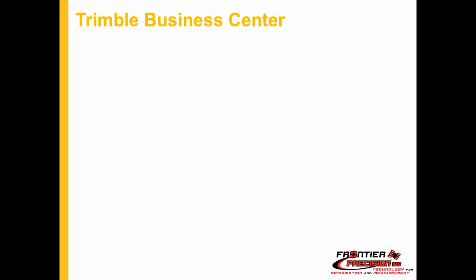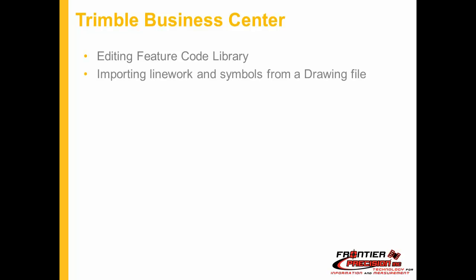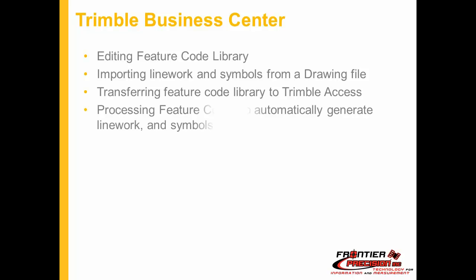In Trimble Business Center, we will edit the feature code library. This will mean that it will be the same as the line and symbol database that comes from Civil 3D. We'll import line work and symbols from our drawing file, and transfer feature code libraries to Trimble Access.